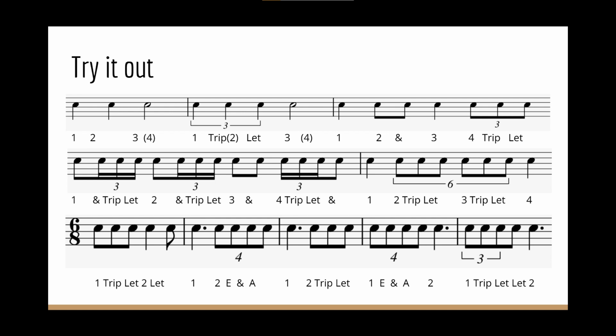Here's the second line. 1, 2, ready, go. 1 and triplet 2 and triplet 3 and 4 triplet and 1, 2 triplet 3 triplet 4. Here's the third line. 1, 2, ready, go. 1 triplet, 2-let, 1, 2 E and a, 1, 2 triplet, 1 E and a 2, 1 triplet, 2-let.